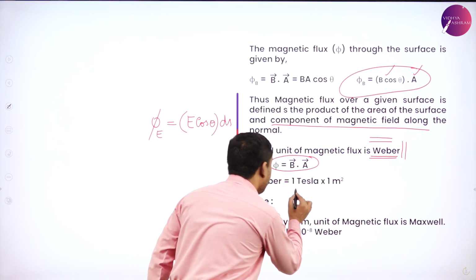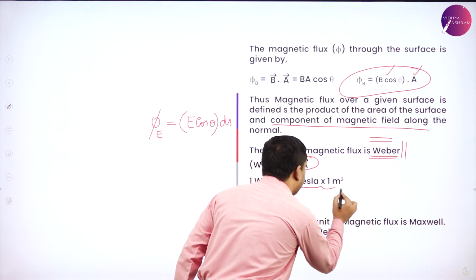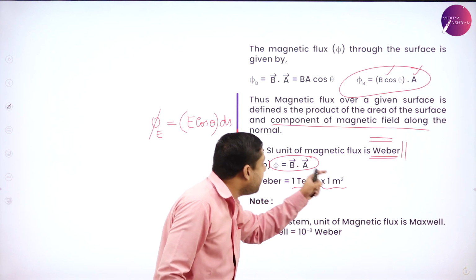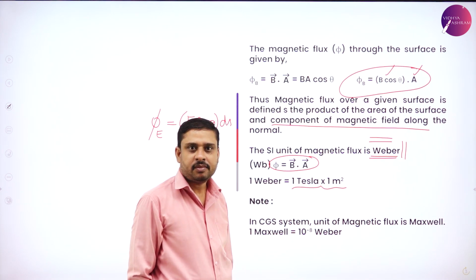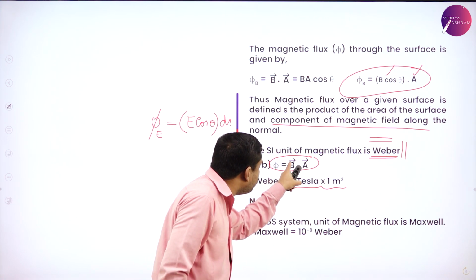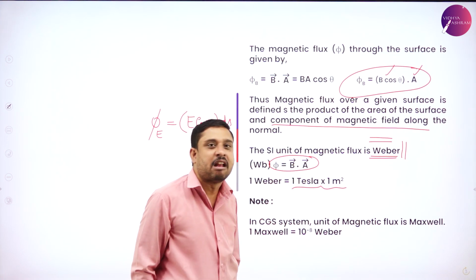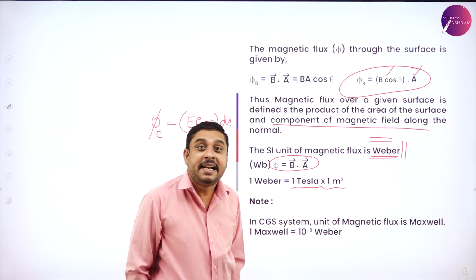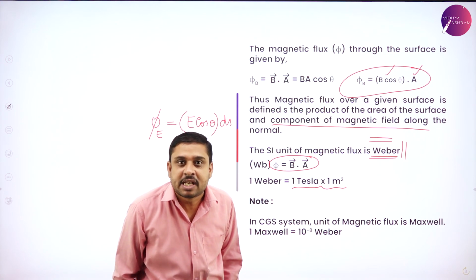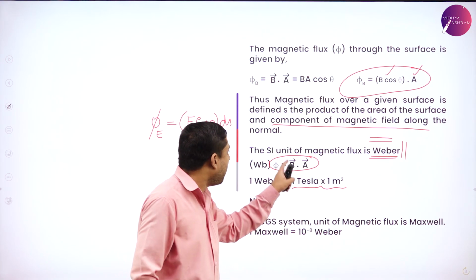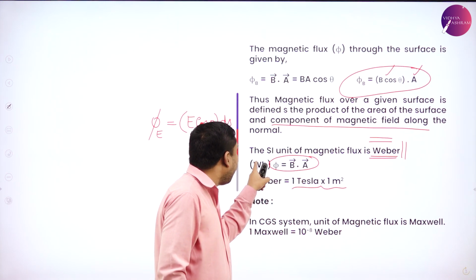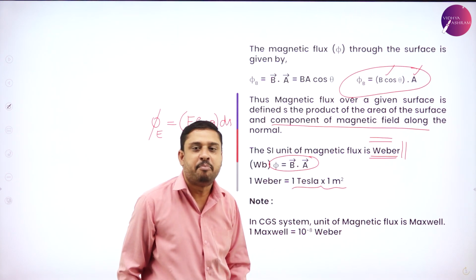And we say 1 Weber is 1 Tesla into 1 meter square. Please remember, unit of magnetic field is Tesla. Magnetic flux is Weber. Usually you get confused and lose marks there. Magnetic field is Tesla. Magnetic flux is Weber.